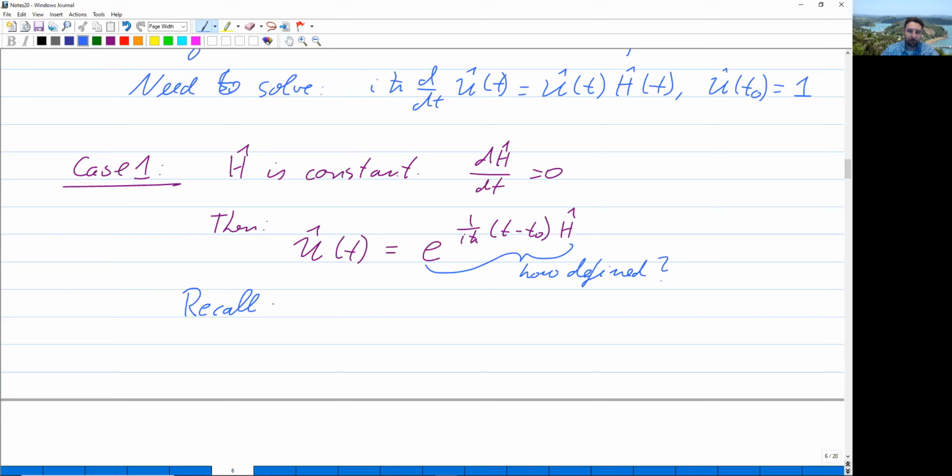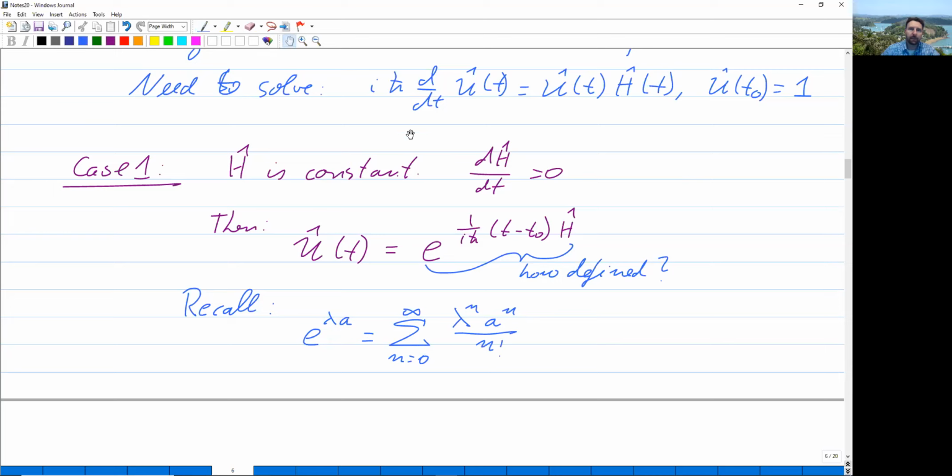Well, let's remember that if we're dealing with just numbers, so we start with a simple case where e to the power of lambda a, for example, is to be calculated. How do we do that if we don't have a machine available? Well, then we go back to the definition of what the exponential is, namely through a power series. It's just a Taylor expansion of the exponential, if you like. So this then is the sum of lambda to the power n, a to the power n divided by n factorial.